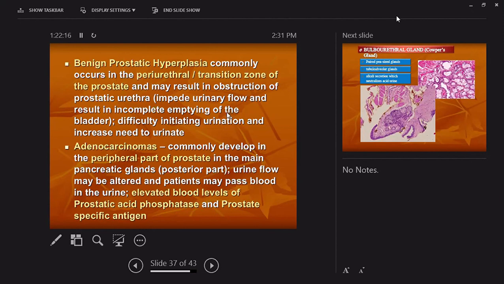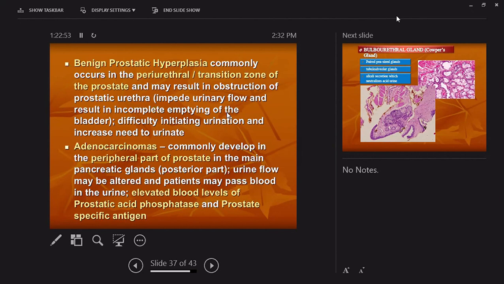Now this is my case, adenocarcinoma. It commonly develops in the peripheral part of the prostate. So when you do the examination, you would feel it. The urine flow may be altered and patients may pass blood in the urine. I did not experience that blood in the urine.